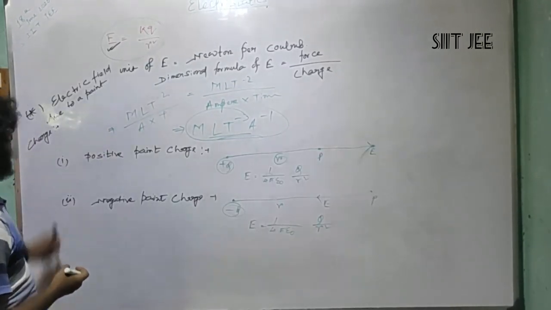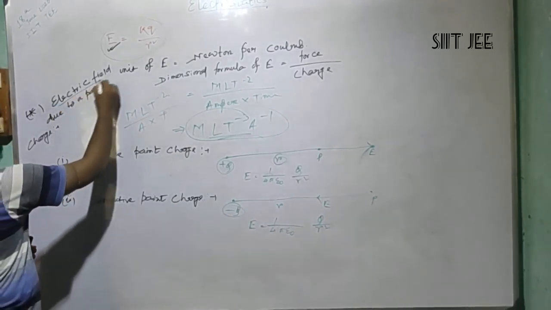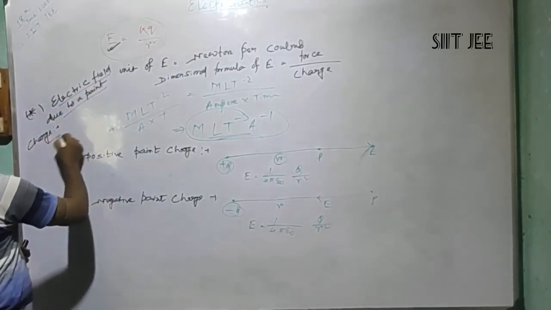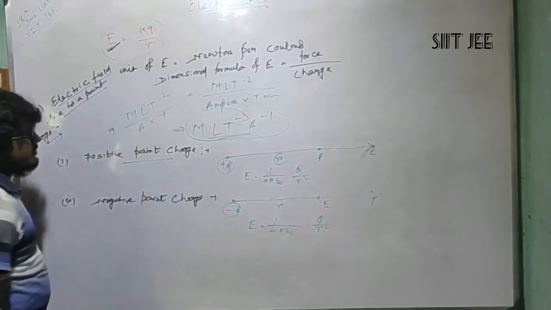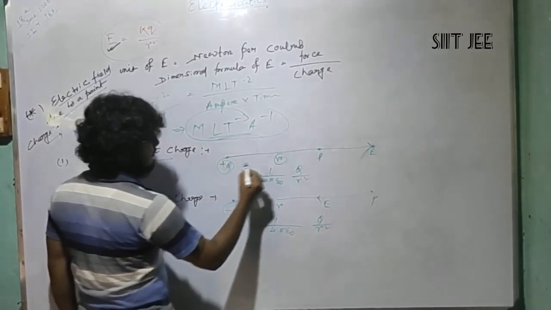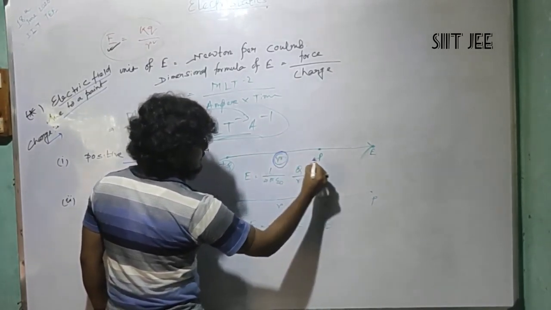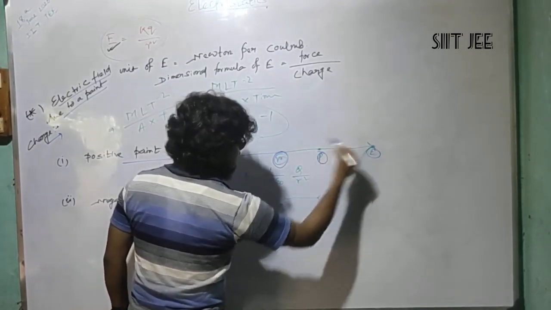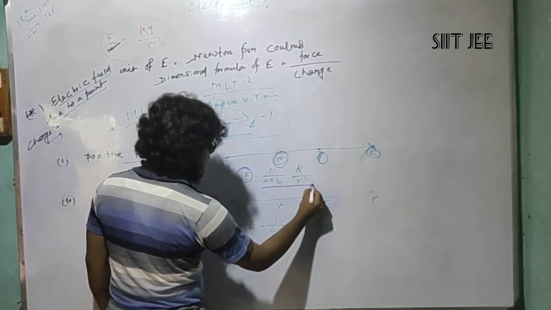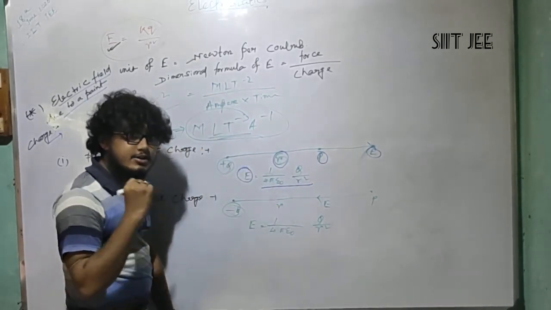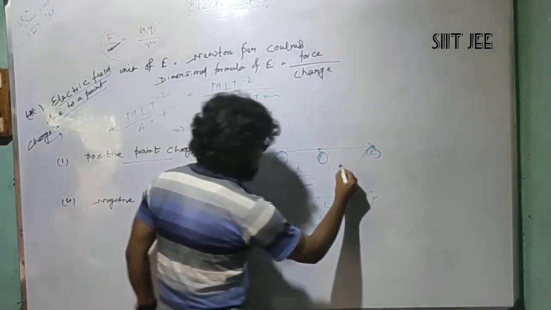And electric field due to a point charge. Next, for a positive point charge plus q at radius r and point P, the electric field intensity E is equal to 1 by 4 pi epsilon 0 into q by r square, directed away from the charge.